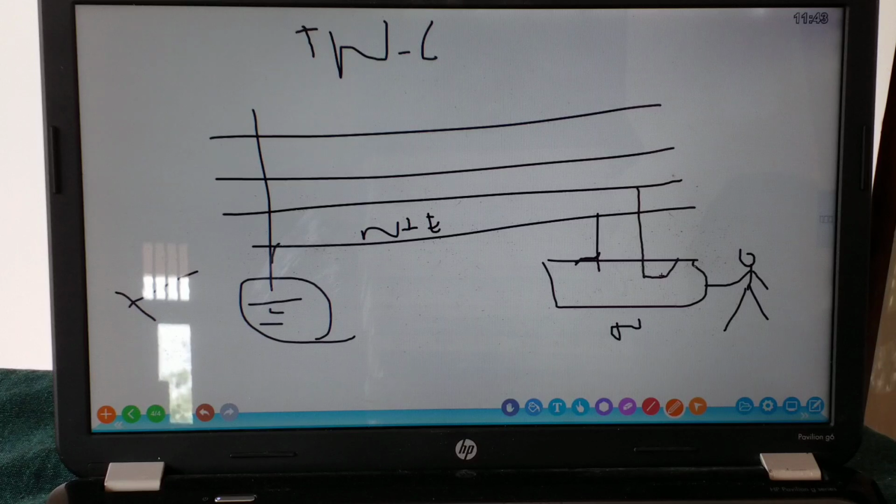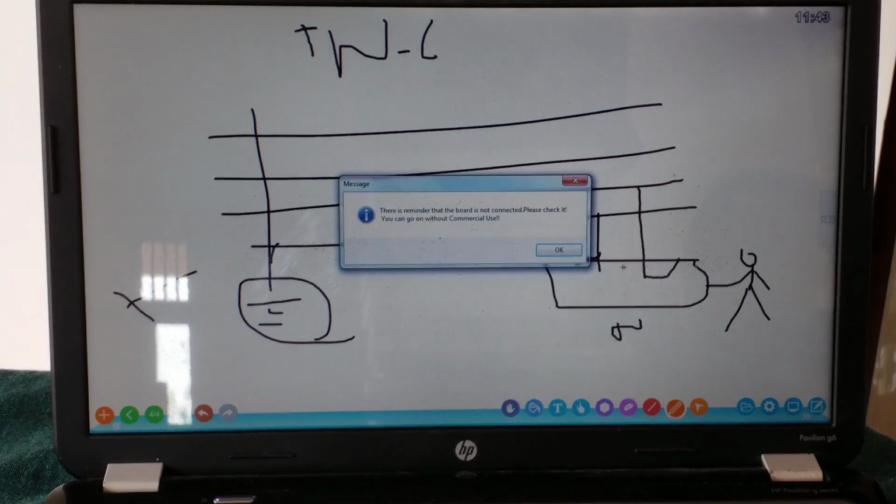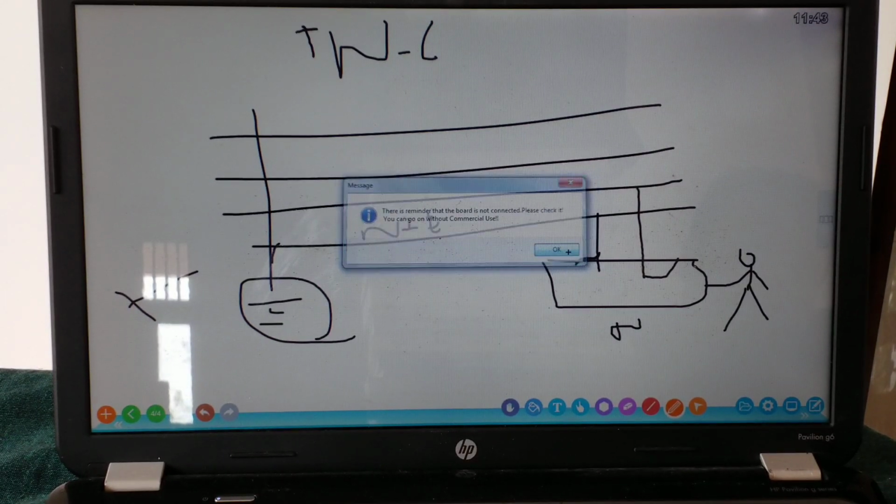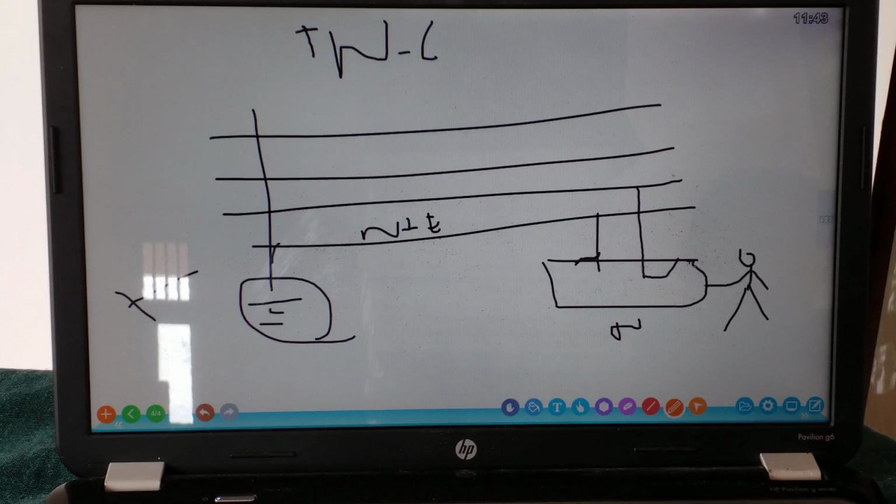Phase current goes to the metallic part and also maybe through the human body and goes to neutral to the transformer, and this is the fault path.